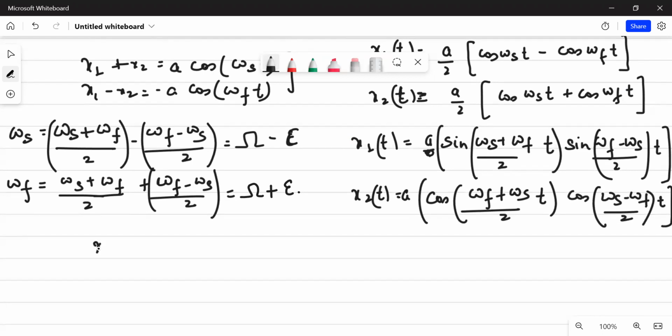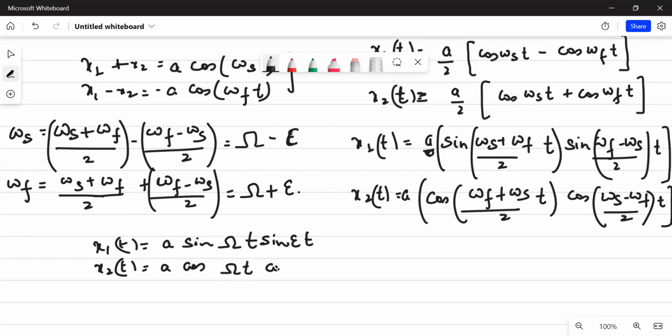Is that clear? So your x1 as a function of time, you're getting as A sine of (omega S plus omega F) upon 2, that will be simple this, and sine, then I should write epsilon t. And similarly, x2 as a function of t, you will get A cos this, and then cos epsilon t. I hope it is quite clear.